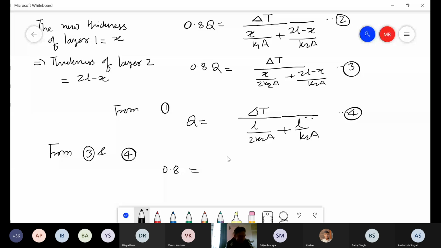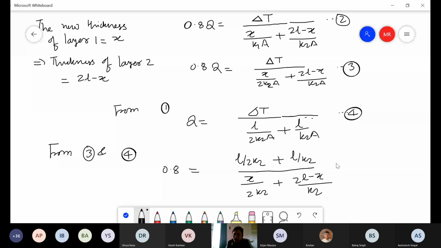L is going to be there, so this is going to be L by 2K2 plus L by K2, divided by X by 2K2 plus (2L minus X) by K2. Again K2 can be cancelled out.